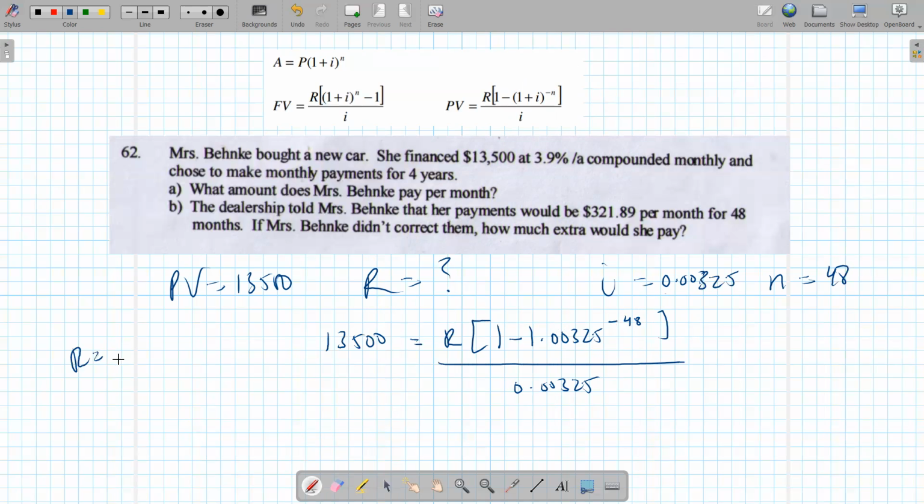And remember, you may have to use the STO1 and RCL1 buttons. What is R to the nearest cent, which means rounded to 2 decimal places? We've done this a few times now. I'll do it as well.